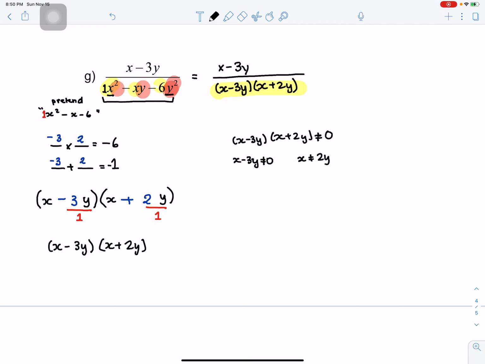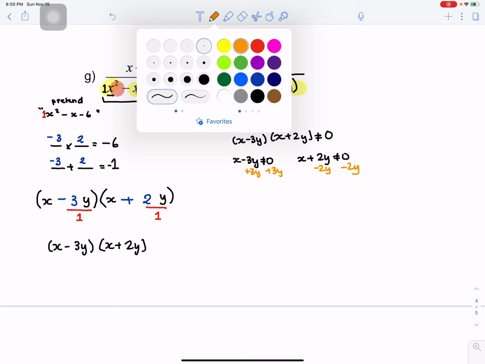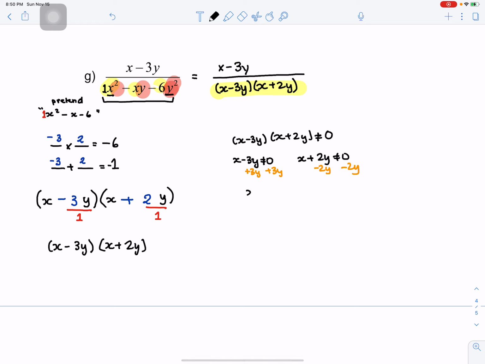I should write it as x plus 2y cannot equal 0. I'm going to isolate for x, so add 3y, minus 2y. So x is not allowed to equal 3y, and x is not allowed to equal negative 2y.